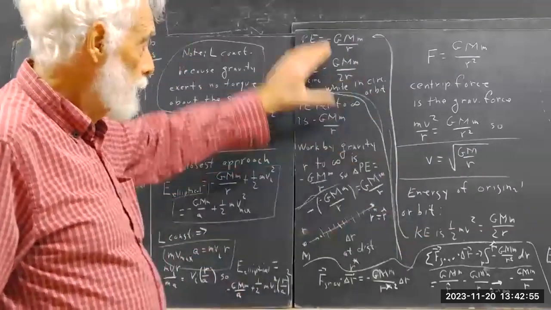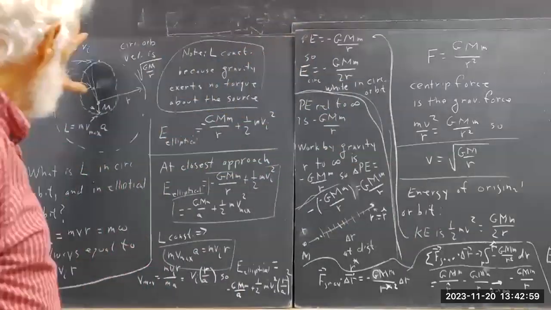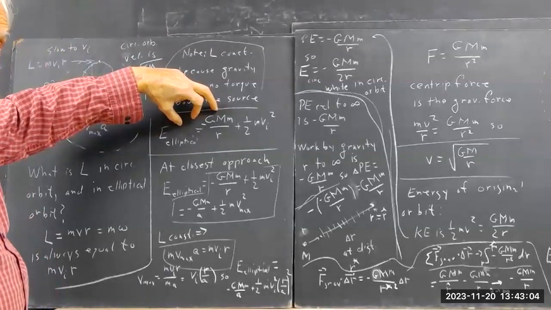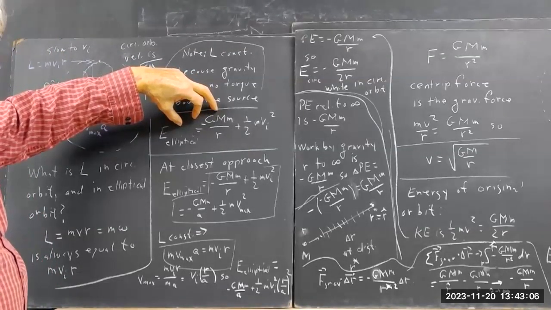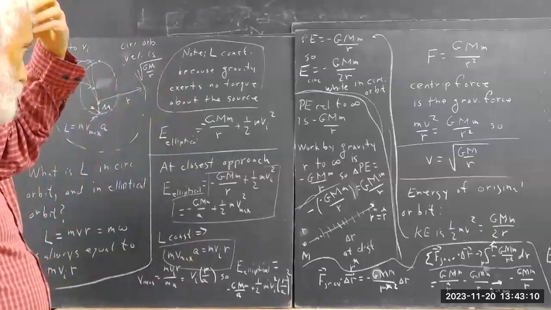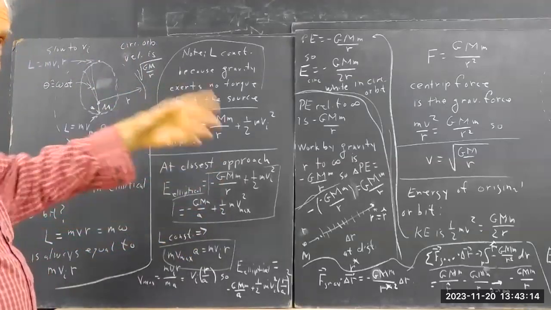You figure out what you can about the circular orbit. You get the total energy. You come over here and you get the total energy from the elliptical orbit. That's not difficult. Okay. Then the difficult thing is you think, gosh, that leads me to an equation because I know energy is conserved.